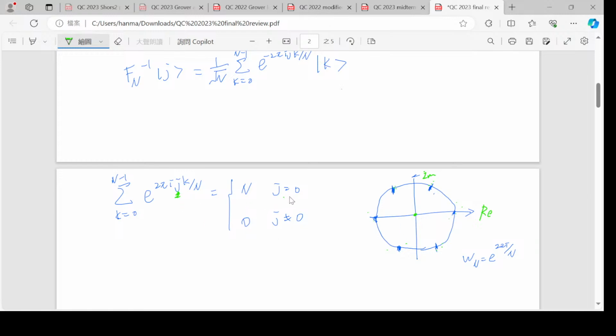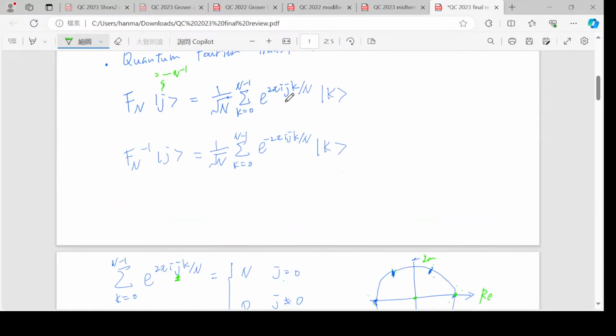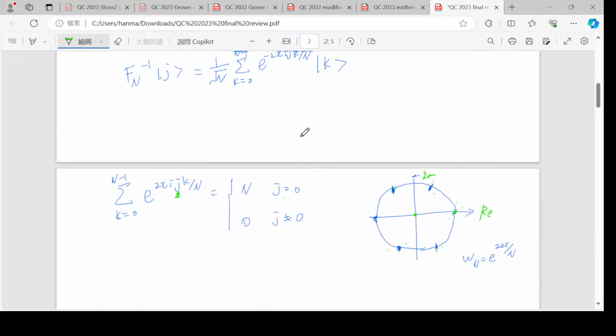But when j equals 0, your points don't spread out. Then e to the 2 pi i times 0 is always 1, so you are always summing the same point, n times, so you get N here. And this is the orthogonality relationship of those Fourier transform states, or harmonic states.